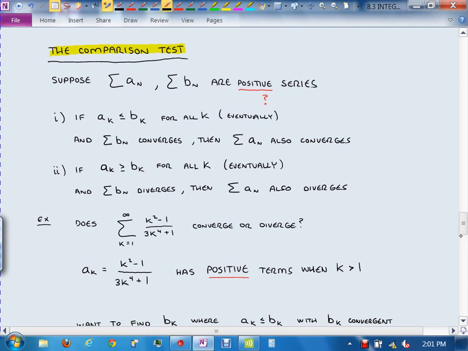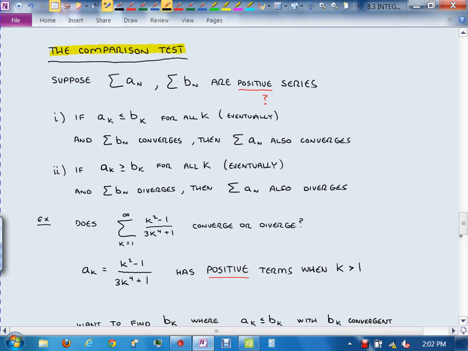Every term is positive. So we're not talking about an alternating series that went negative, then positive, negative, positive. You can only use the comparison test if you're looking at positive series. The next section will deal with alternating, okay? Not today though. So let's say we've got two positive series.